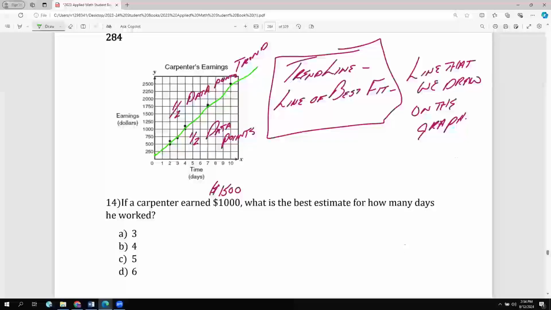Now, another thing they're going to ask you about this trend line, okay, is they can say, hey, is this a positive trend? Is this positive? Or is my trend line increasing? Do you remember that? Or is my trend line negative and decreasing?